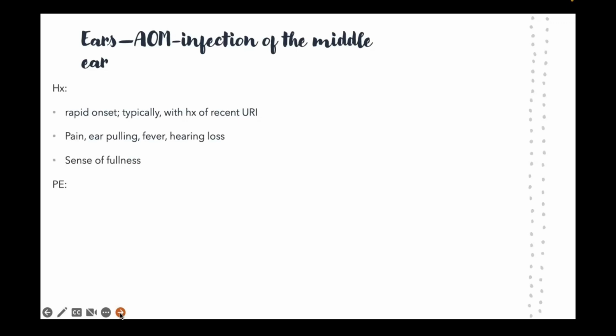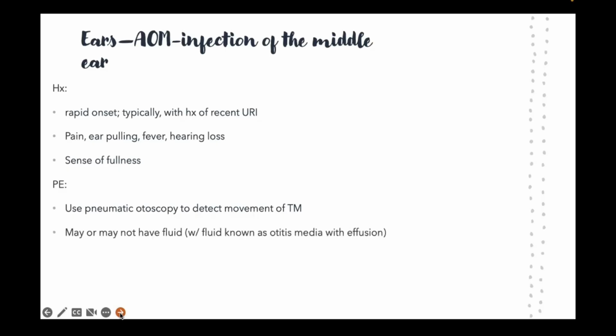What do we see in the physical exam? Typically, I like students to learn how to use pneumatic otoscopy to see if there's any movement of the TM. Someone with acute otitis media will typically have a dull and reddened tympanic membrane. Sometimes they're red, sometimes they're yellow if there's a lot of effusion behind the tympanic membrane, and they're dull.